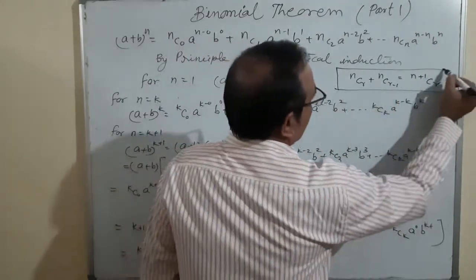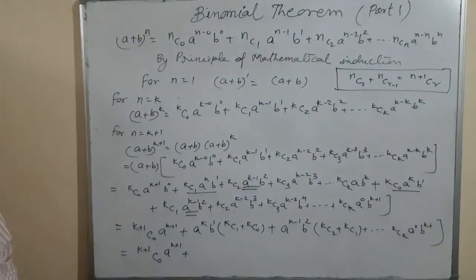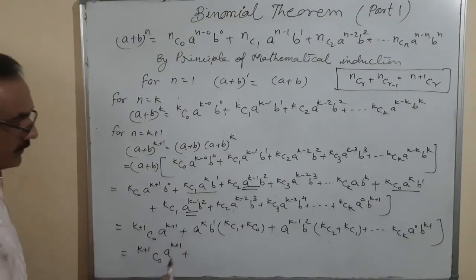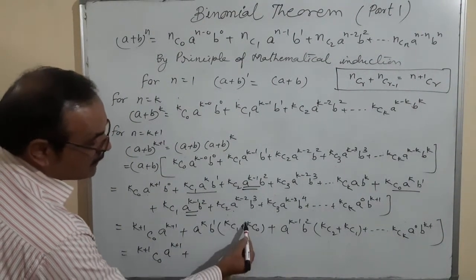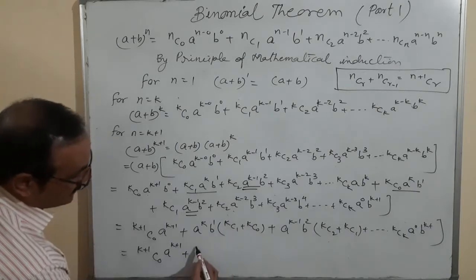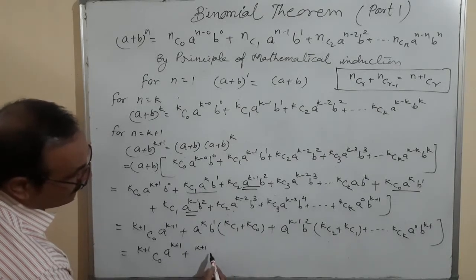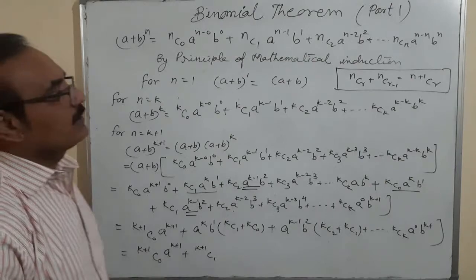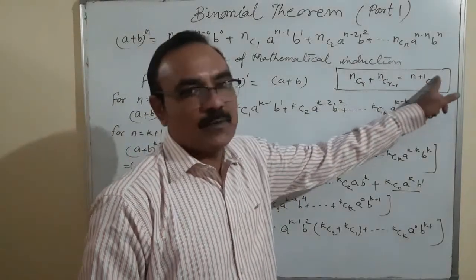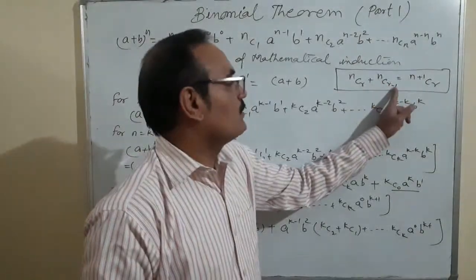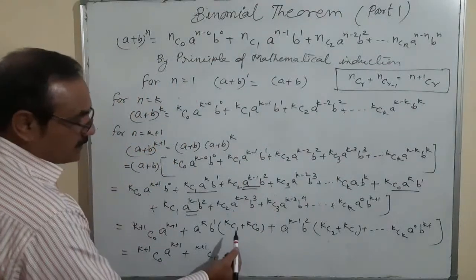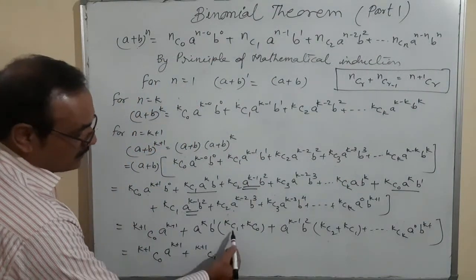Isn't it? So here, a to the power k, kC1 plus kC0, I may write as k plus 1 C1. These are the n and n, it is n plus 1. And here the maximum term is k plus 1 C1.